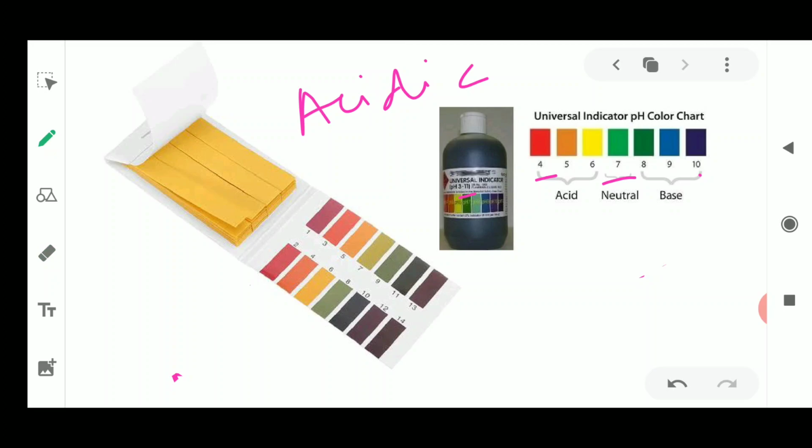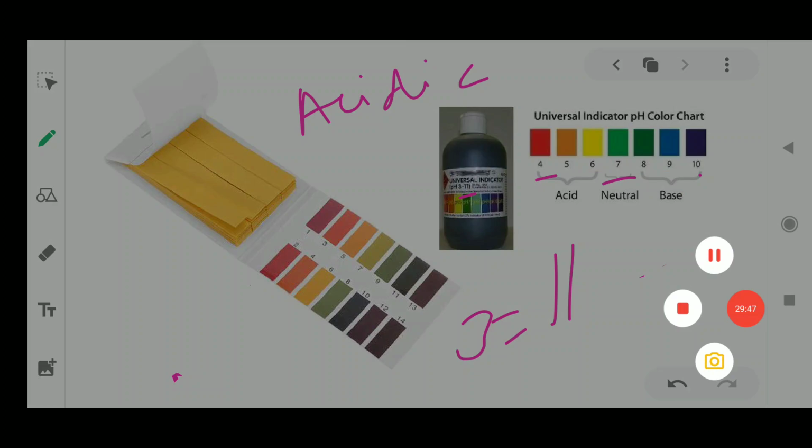I think it is not very clear, but I could read it is from 3 to 11. So it is going to tell you about the substances which have a pH of 3 till 11. In the same manner, you will see that various universal indicators have their range written on them, and we could see the various types of changes.